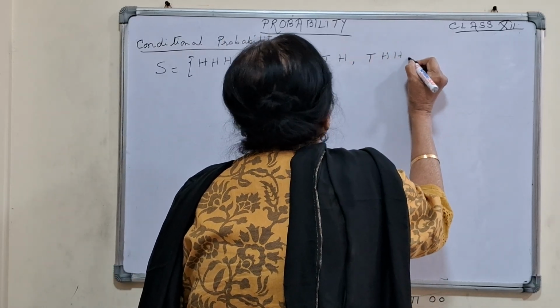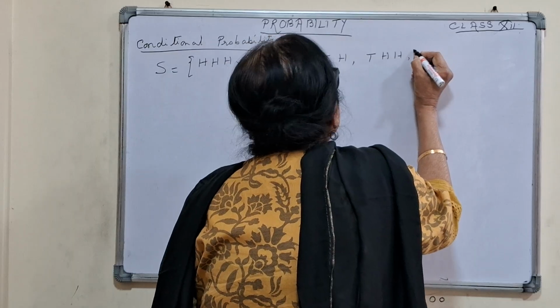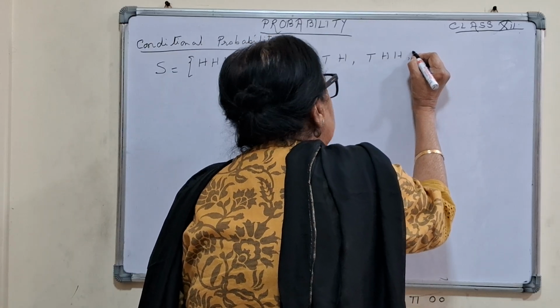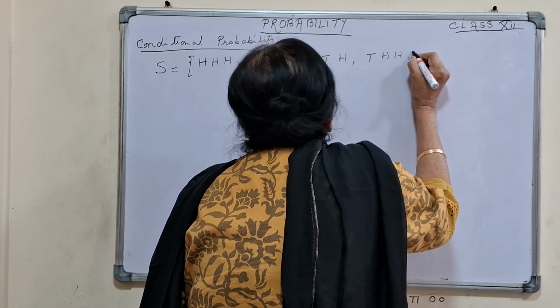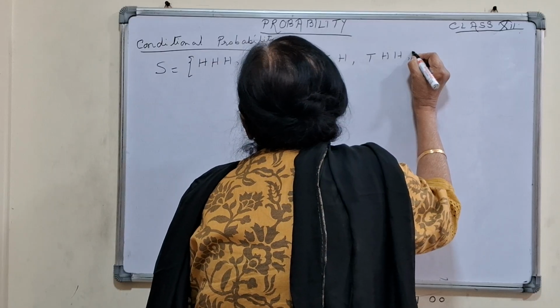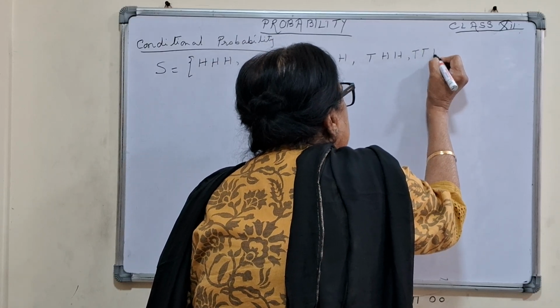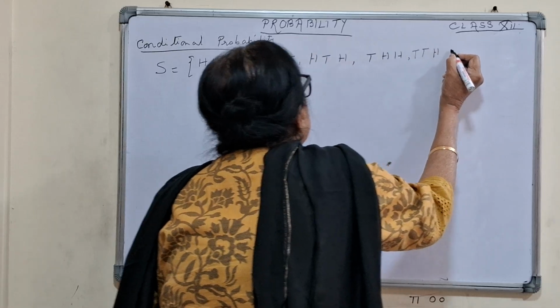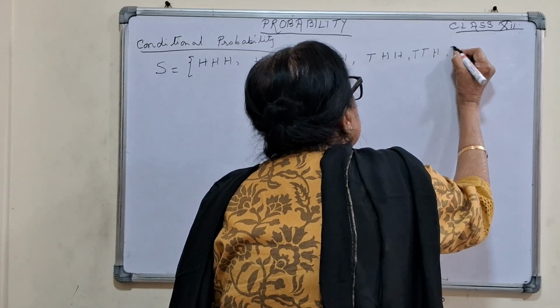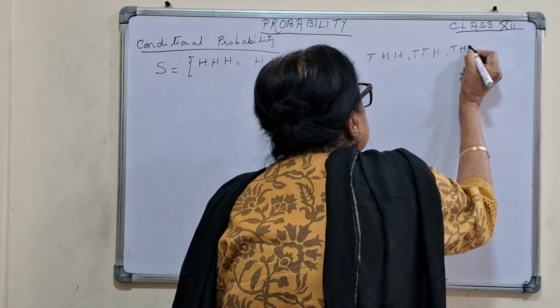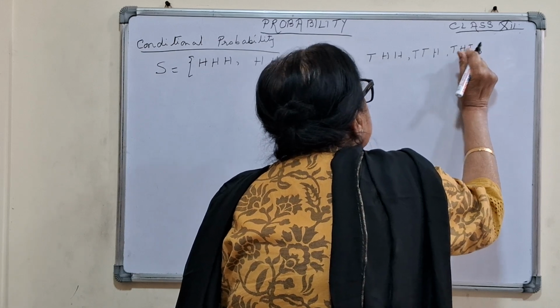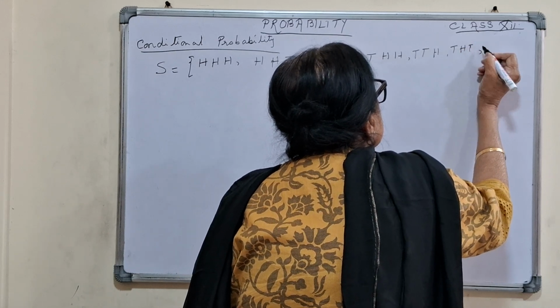Next comes 2 tails: head, tail, tail. Then tail, head, tail. Then again tail, tail, head.